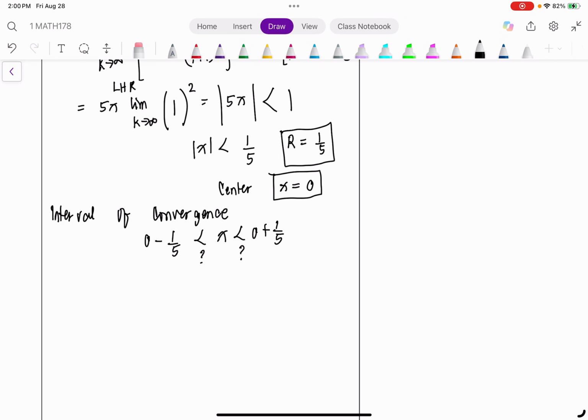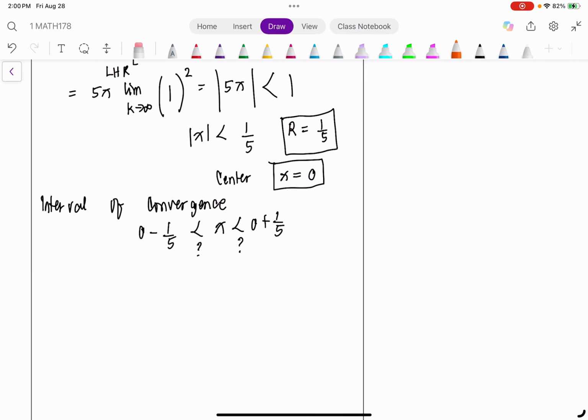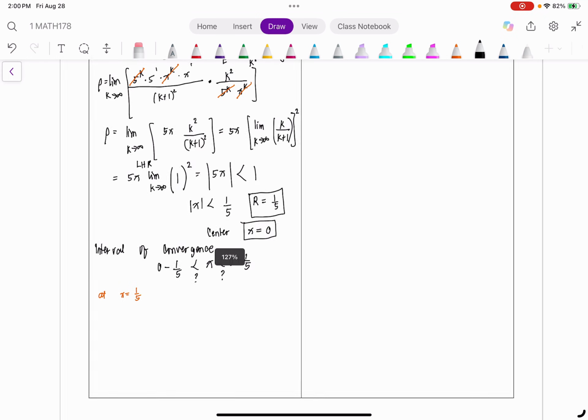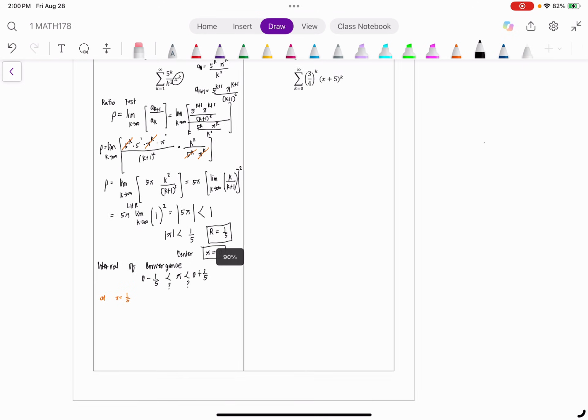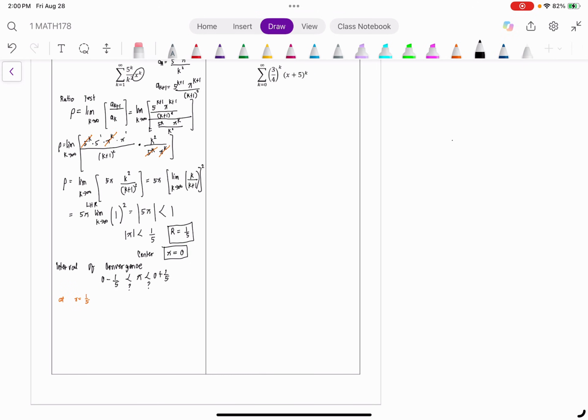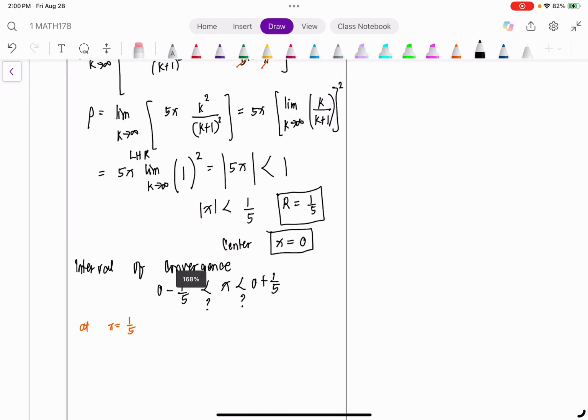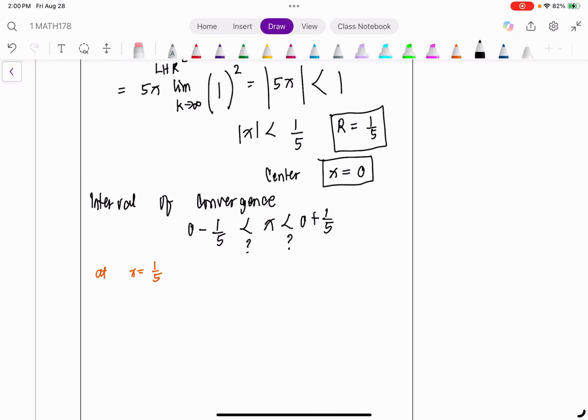So what we're going to do is to test at the endpoints. At x equal to 1 over 5, when we plug in x equal to 1 over 5, do we have a convergent series or a divergent series?